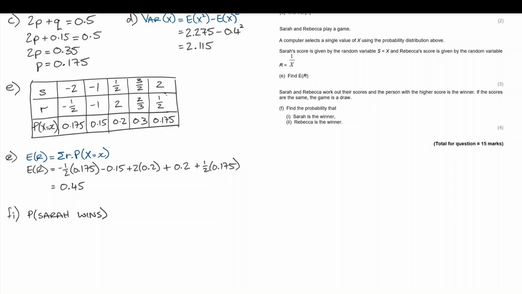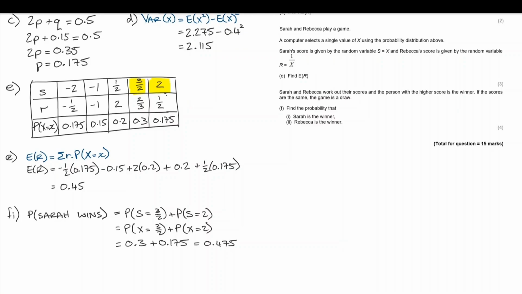And when the number selected is 2, once again, Sarah has the highest score. These are the outcomes where Sarah wins. So that's the probability where S equals 3/2 plus the probability where S equals 2. On the original table, this would be where X equals 3/2 and where X equals 2. Those probabilities are 0.3 and 0.175. Add those together, 0.475.